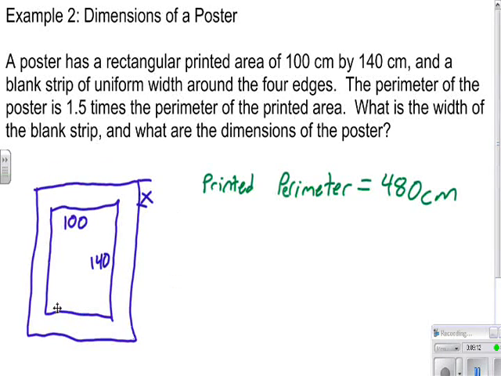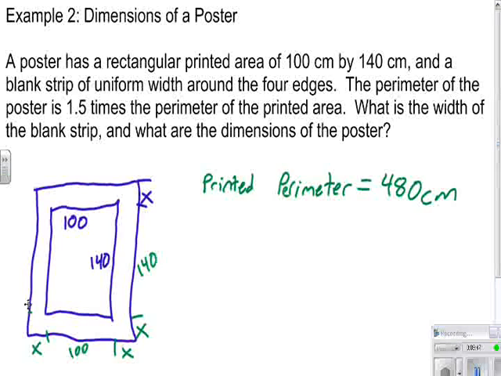So then to find the perimeter of the poster, if this side is 140, that goes from here up to here. But then there's the strip on top, which is x, and that same strip on the bottom, x. Similarly, we can figure out the bottom and top sides. The inner part is 100, but x is added on because the strip is on both sides.